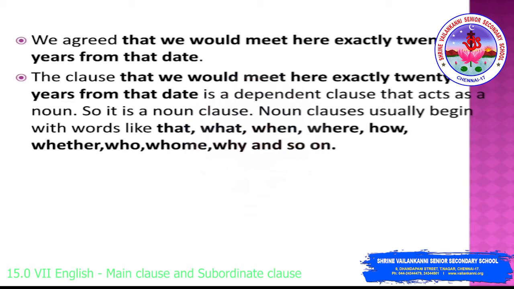Noun clauses usually begin with, again, the same words we used in subordinating conjunctions: that, what, when, where, how, whether, who, whom, why, and so on. So a noun clause usually begins with these conjunctions.